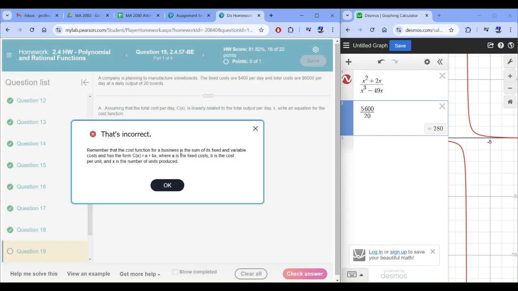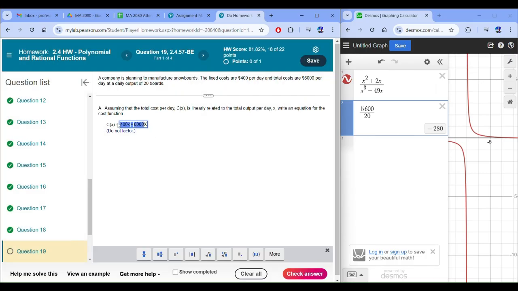Remember, the cost function for business is the sum of its fixed and variable costs, and B is the cost per unit. Okay, so let's try this again. So we're going to say that it's 400 plus 6,000, 3,000 plus 3,000x, 300x.